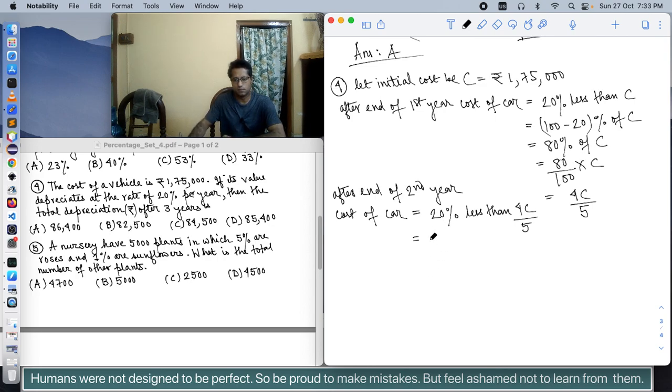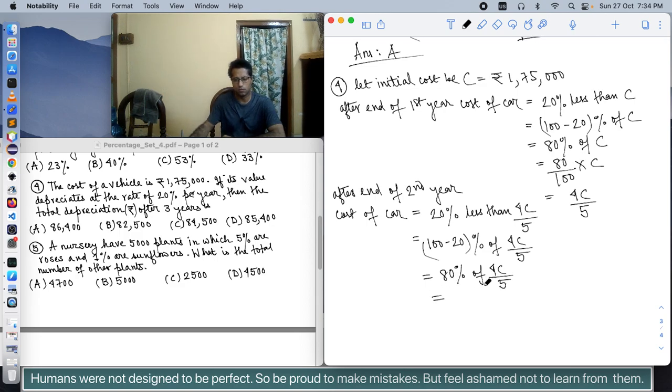This is equal to 100 minus 20% of 4C by 5, which is 80% of 4C by 5.